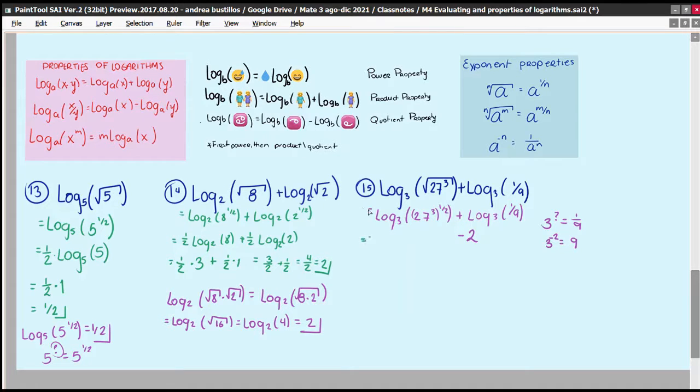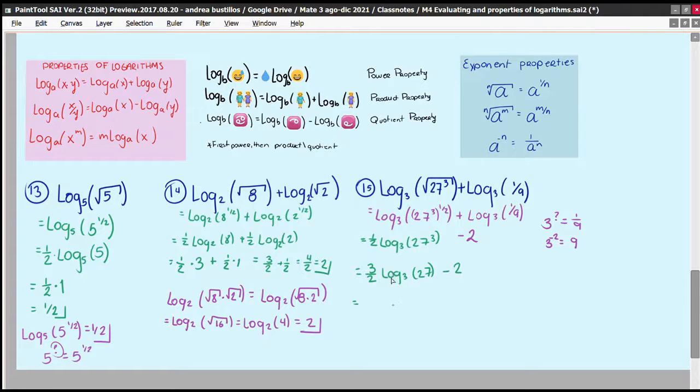So this is 1/2 times logarithm base 3 of 27 to the power of 3. Notice that I still have a number as an exponent inside my argument, so this can be rewritten again as 3/2 logarithm base 3 of 27 minus 2.